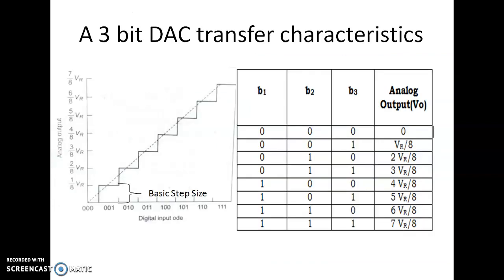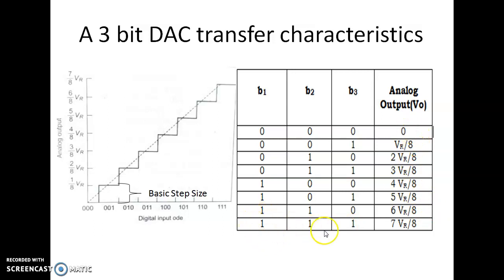Here we have the 3-bit DAC transfer characteristics. We have used the negative reference voltage VR, which gives the positive analog output voltage. Putting the values in the expression, if your input is 000, then your output is 0.